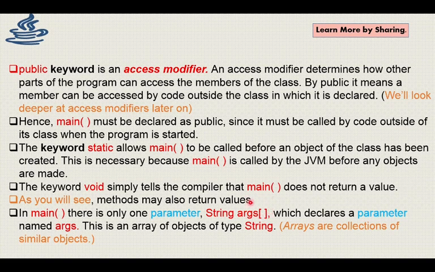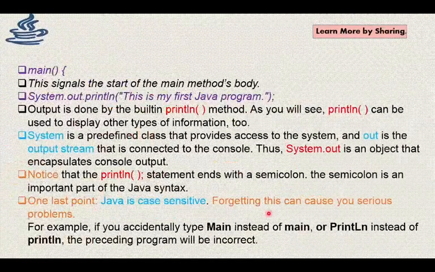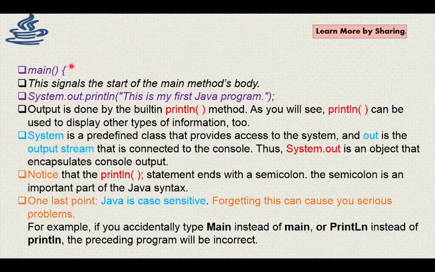So this method is capable of executing a number of string objects. Okay, so it's an array of object type string, placed inside this main method. So the main method begins with this opening curly brace, and then ends with the closing curly brace.